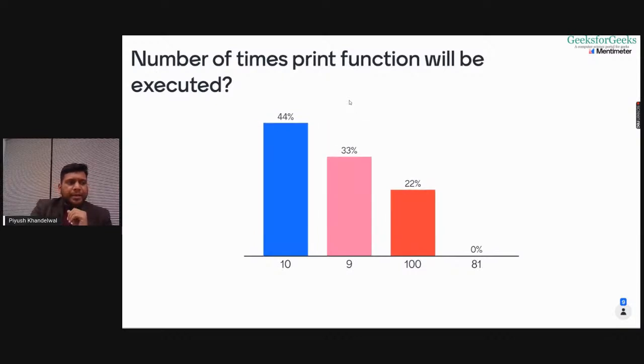Hurry up, all of you. So some are saying 9, 10, 100; 40% and 40% for two options, 20% for the other.